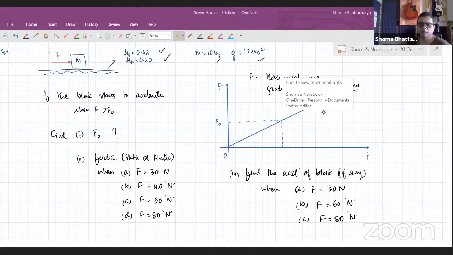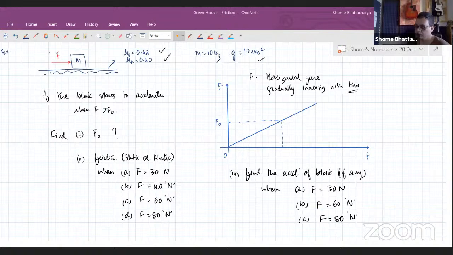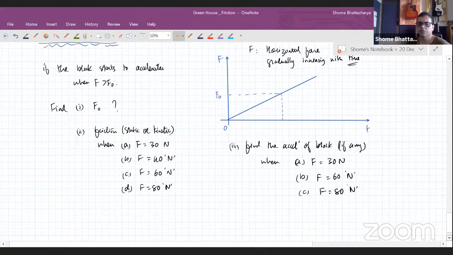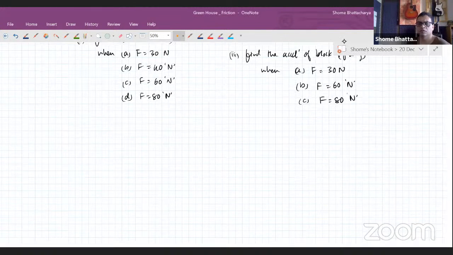Anyone else got the answer for F naught, the first part? Yes, Kunal correct, Vashist correct, Diti correct, very good. Okay, so as you can see, it's just a numerical application of the concept we've just discussed. Yes, Shweta correct, very good.